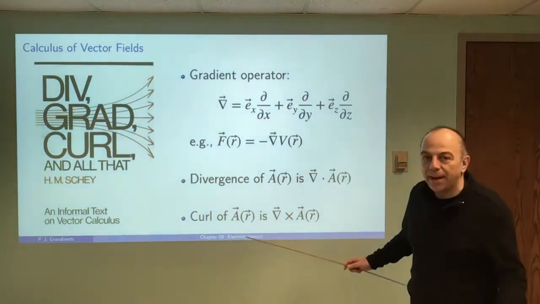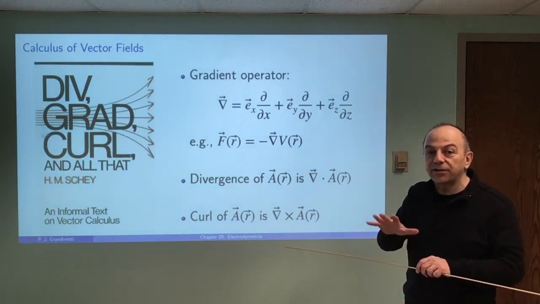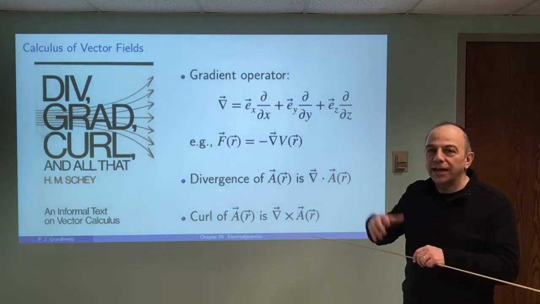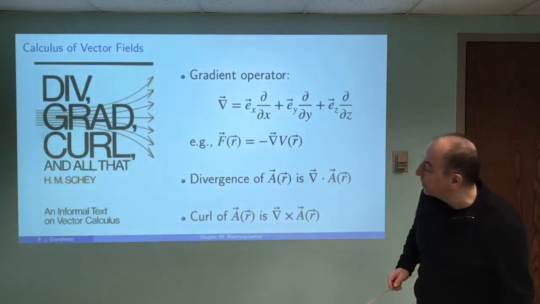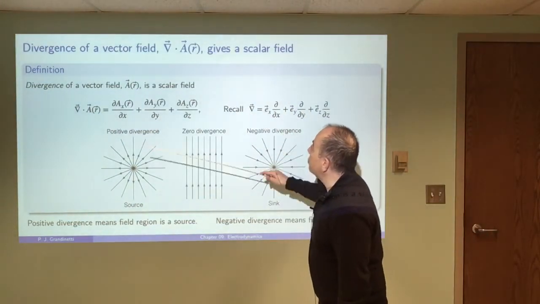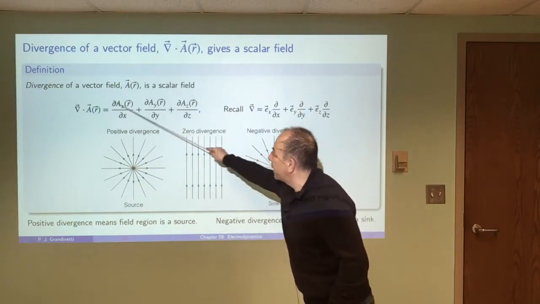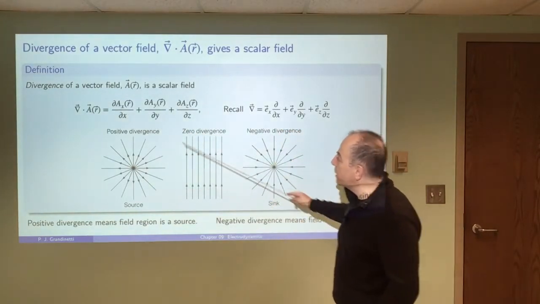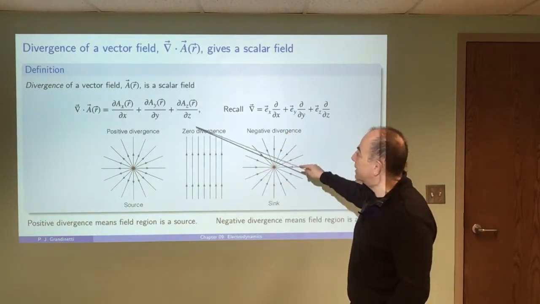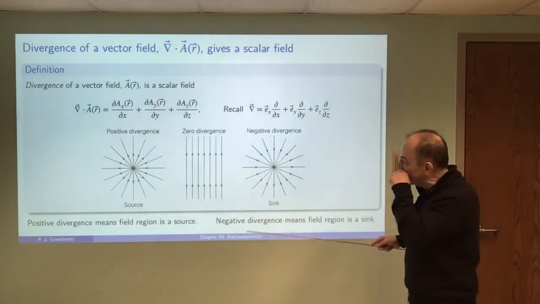This is going to tell us something about how the velocity vectors appear in space, in terms of whether there's a source or a sink of these vector quantities. So the divergence, which is this dot product, if you apply it to your vector field quantity, like I did here, then you're essentially at every point in space just taking the partial derivative with respect to x, y, and z, and when you're done, you're just going to get a single number defined at every point in space.